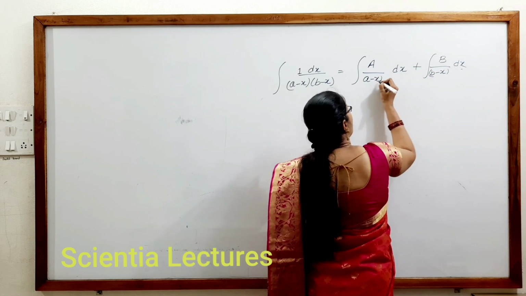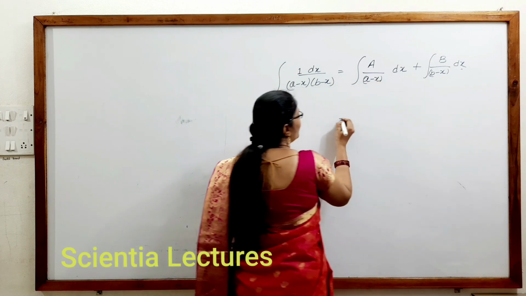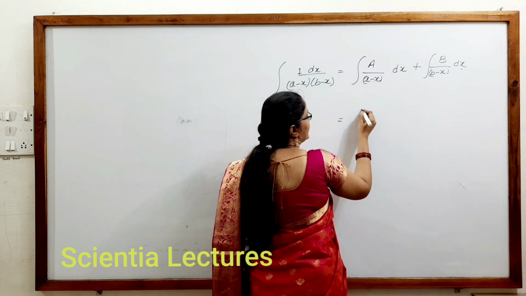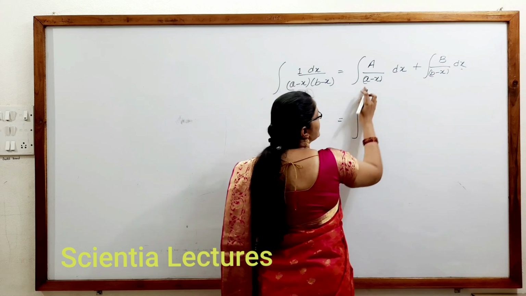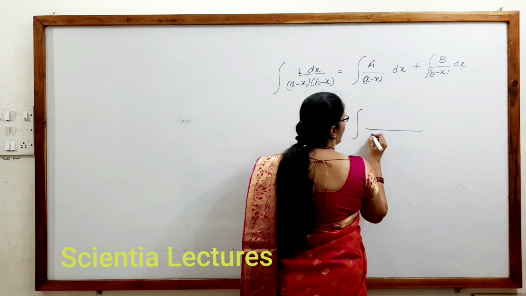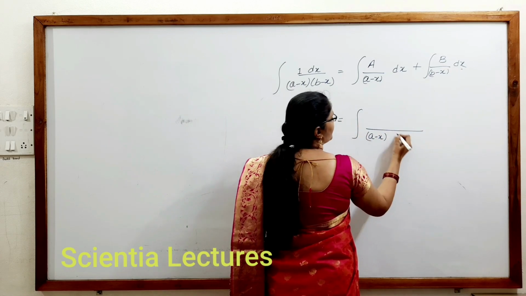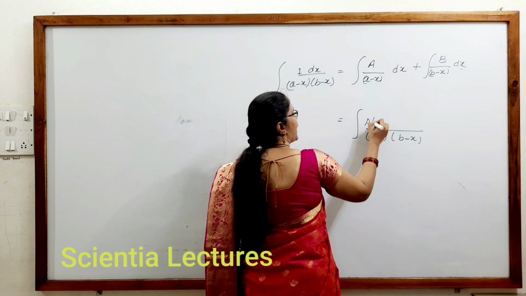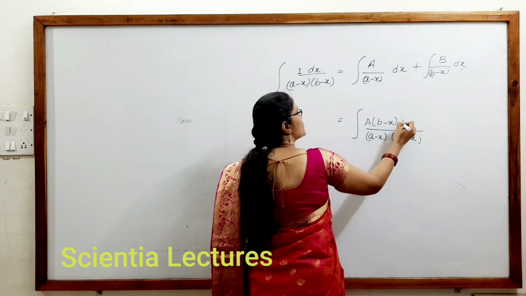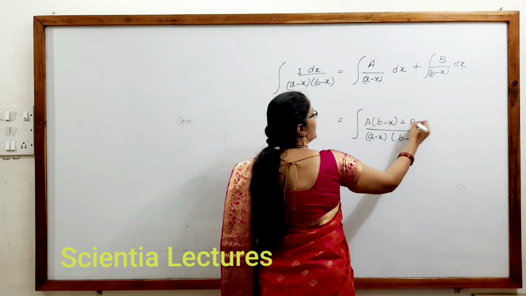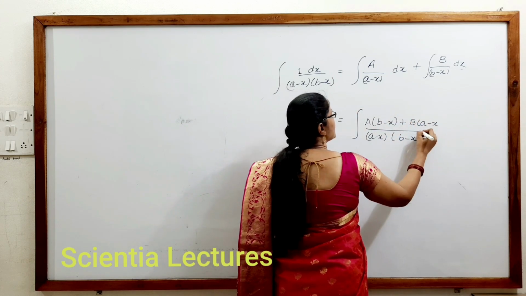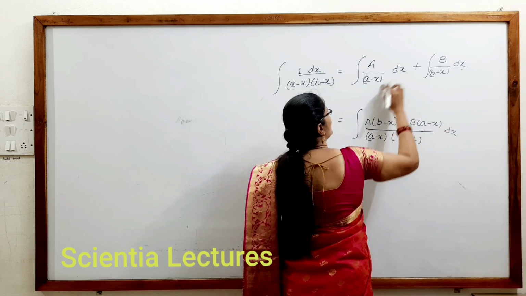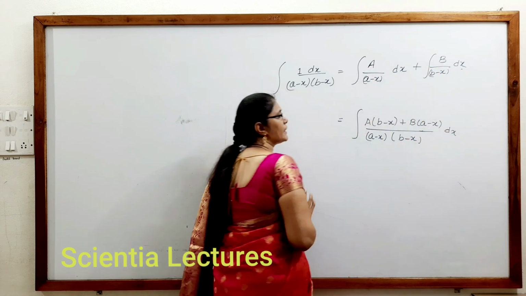You can check this. If you take an LCM, what will you get? The integral of A into (b minus x) plus B into (a minus x), over (a minus x)(b minus x) dx. That is cross multiplying these two, we have taken the LCM.